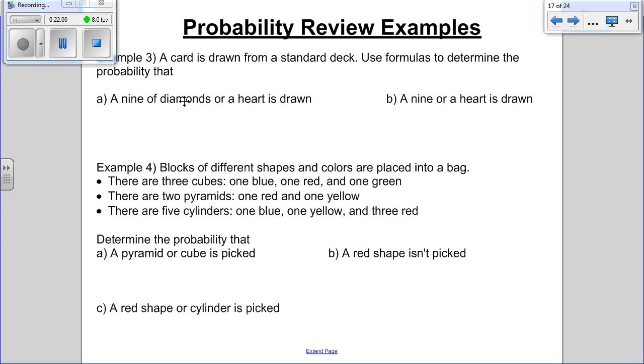Example 3. A card is drawn from a standard deck. Use formulas to determine the probability that a 9 of diamonds or a heart is drawn. You could use anything you want. So if you want to use a tree diagram, if you want to use your noggin, if you want to use a chart, that works too. The formula that it's referring to is what's the probability formula here?